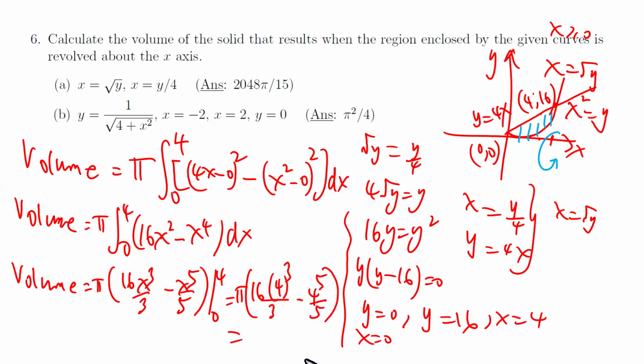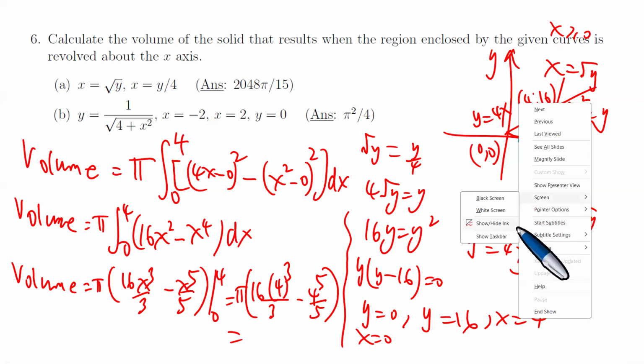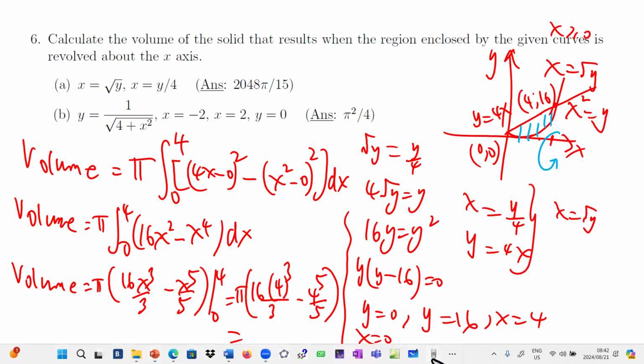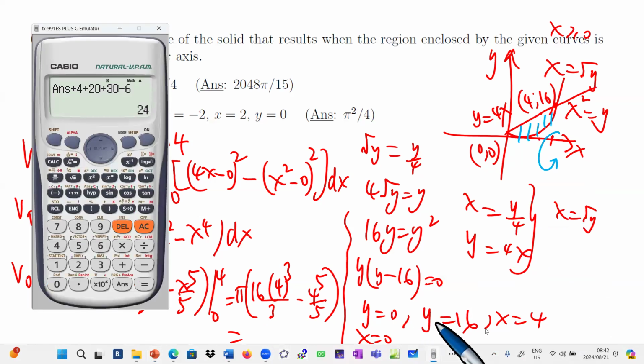Okay, you can deal with this. Let us use a calculator to save time. We might take a break very soon, and then we shall return. Let's just deal with the numbers.